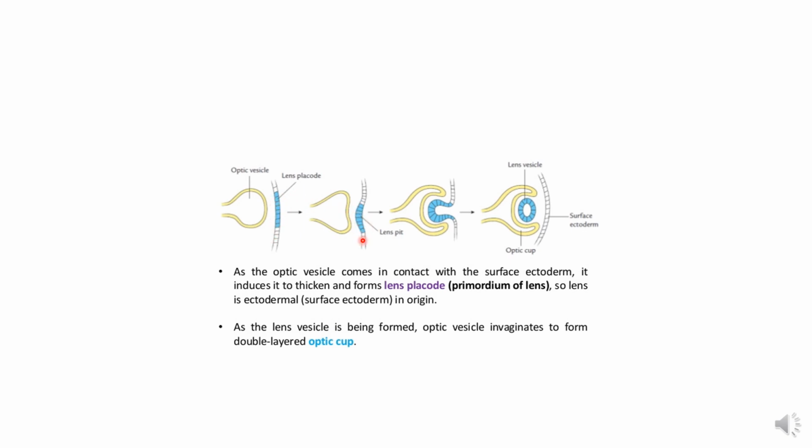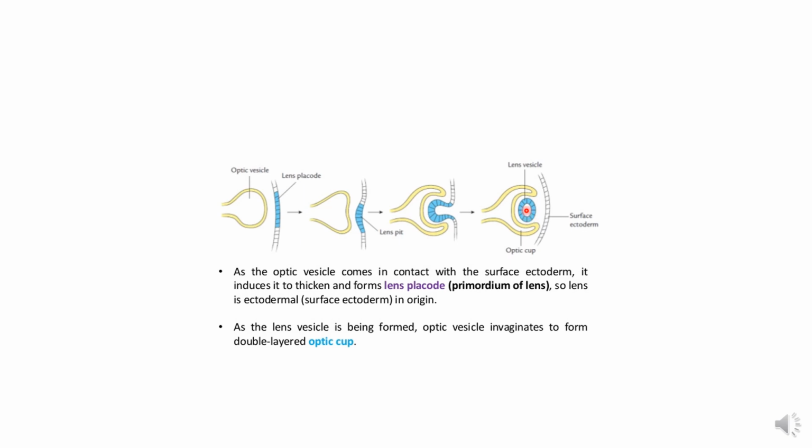This thickened part is known as the lens placode. So this is the primordium for the formation of the lens. Now here a pit appears in this lens placode, and the lens placode invaginates and then detaches from the surface ectoderm, forming the lens vesicle.